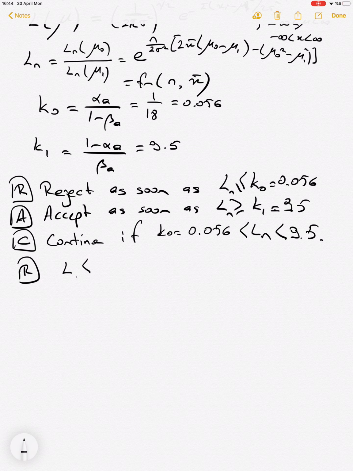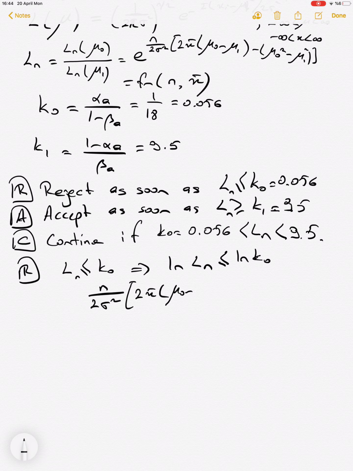Then the rejection case. Okay, so if L n is less than or equal to K0, this means that, again, using the natural logarithm makes calculations easier. So we will have n over 2 sigma square, 2x bar, mu 0 minus mu 1 minus mu 0 square minus mu 1 square, less than or equal to the log of k sub 0.